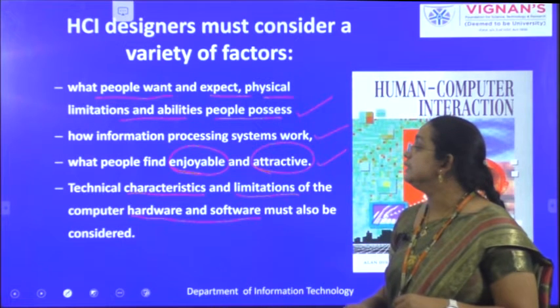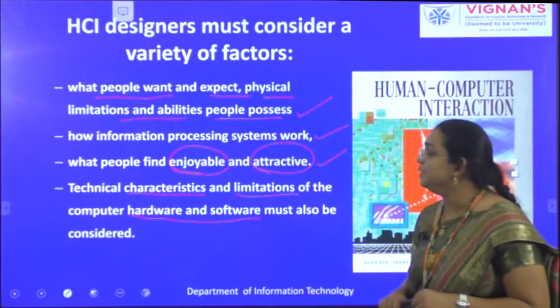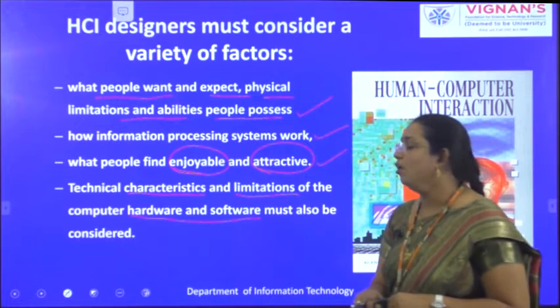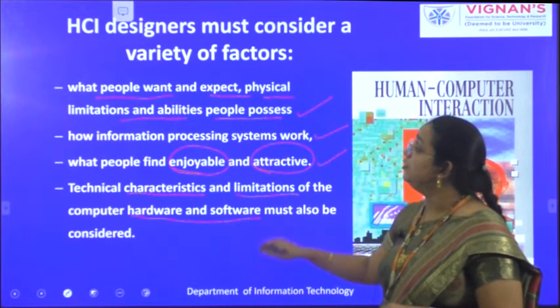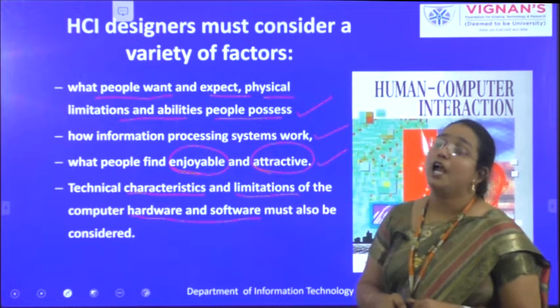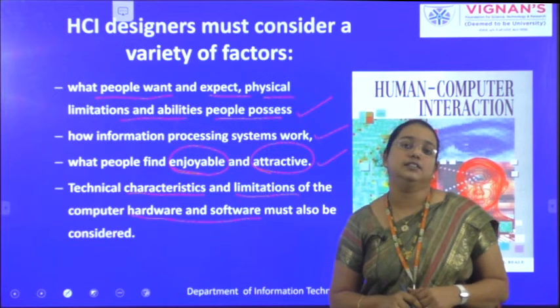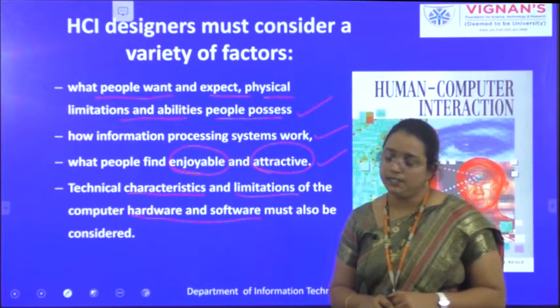And the final one is the technical characteristics and limitations of computer hardware and software. These are the different factors we have to consider while designing the user interface.